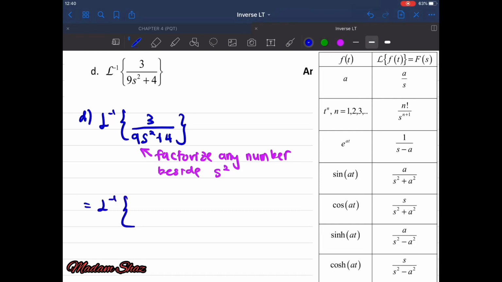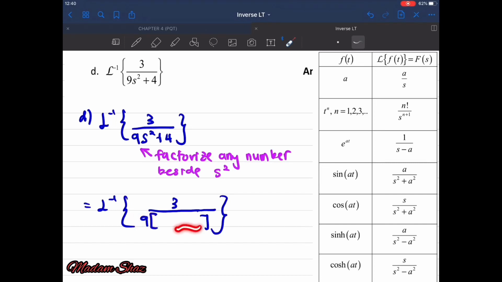The Laplace inverse of 3 over 9. When we factorize any number beside the s squared, the number is still inside the curly bracket. So now we factorize 9 to the front here.